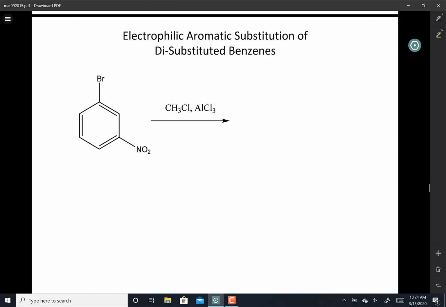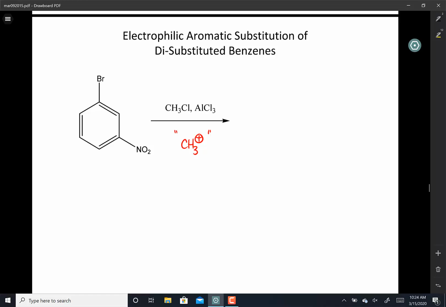So take a minute and do that, and then come back and we'll see if you're right. Okay, it's going to be a CH3+. I'm going to put that in quotes because that's not a stable carbocation, but that's what we're going to add to the ring.